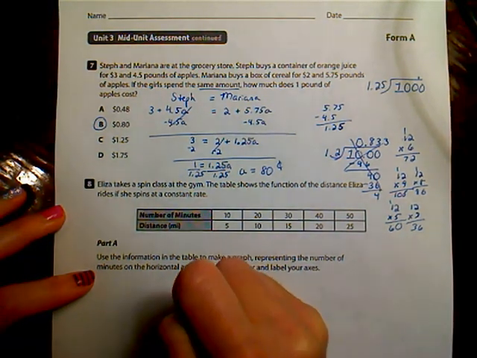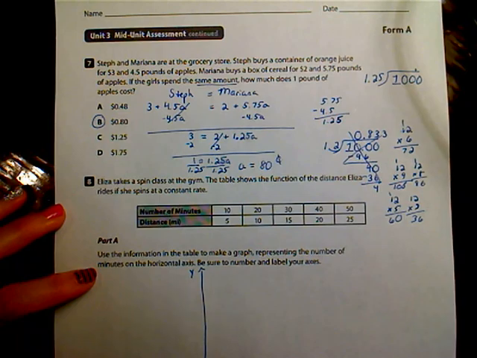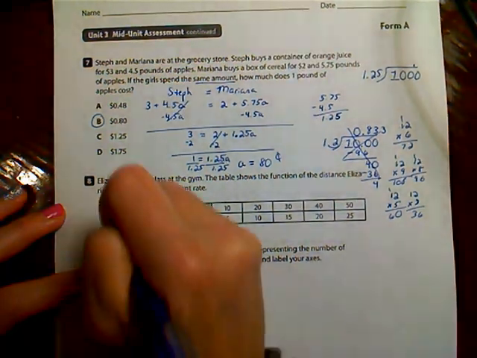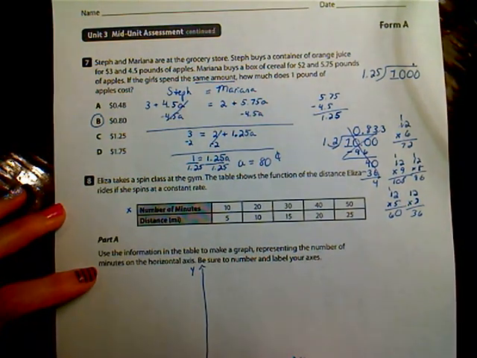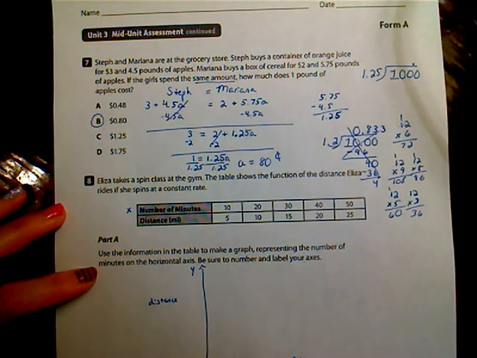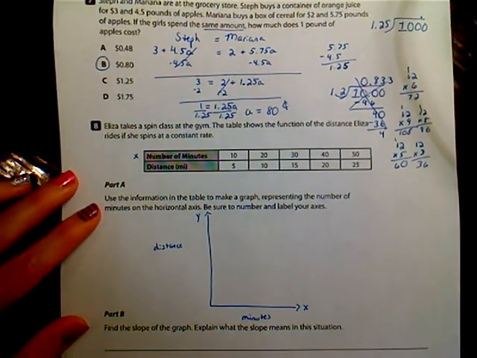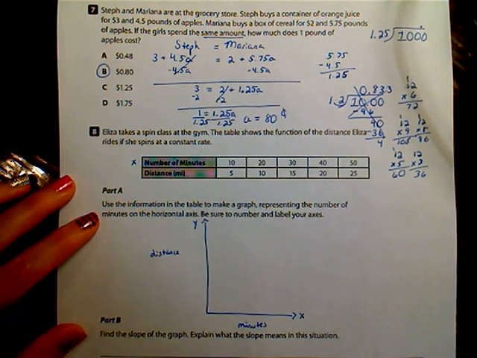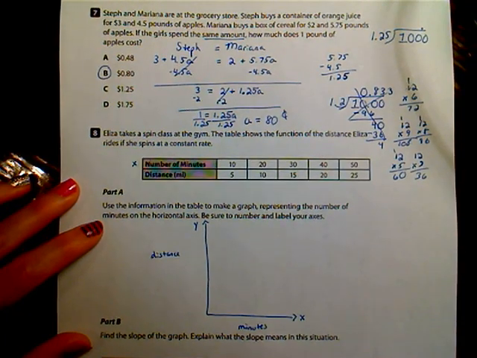This is my x-axis, this is my y-axis. So we're going to put x as the number of minutes, and y as your distance, and that's labeling your x-axis and your y-axis.